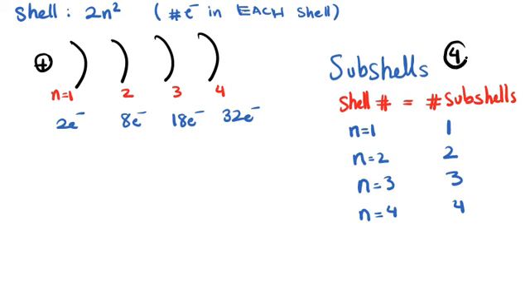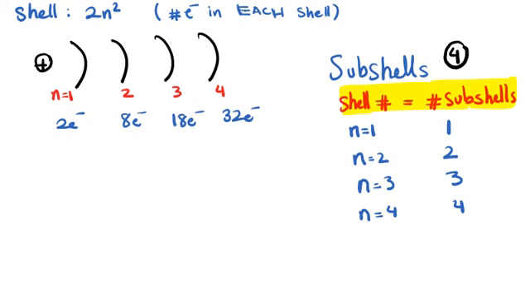This relationship helps you memorize the number of subshells in chemistry. Shell number 1 means we have one subshell, shell number 2, two subshells, and so on.